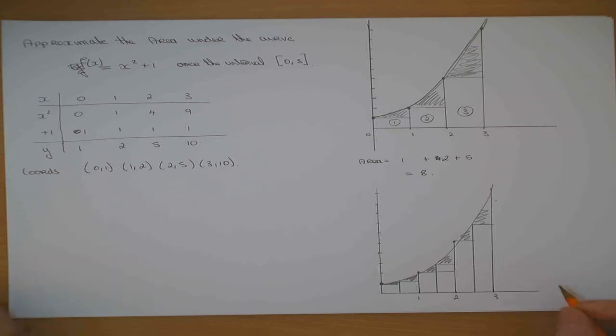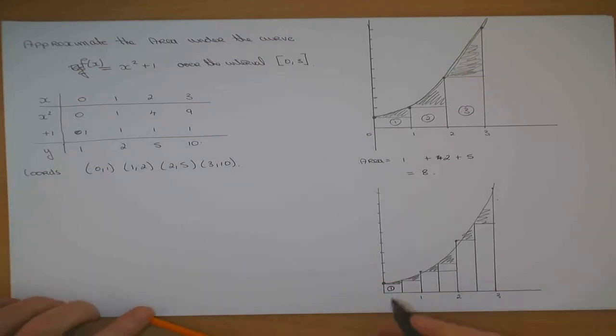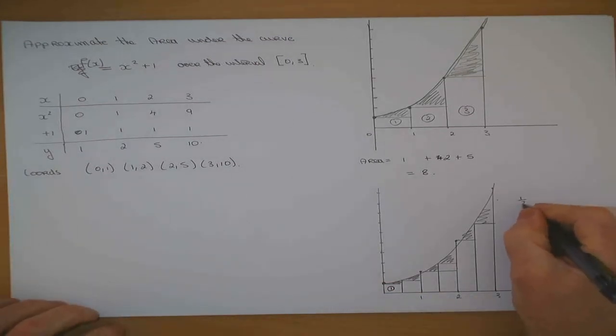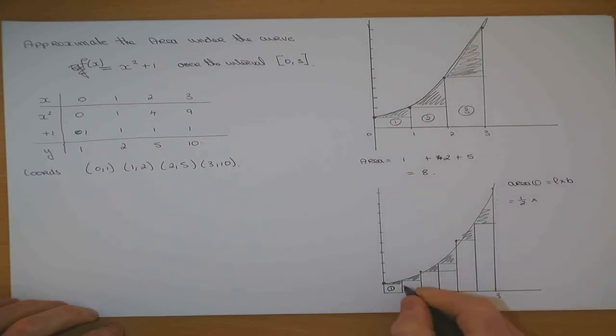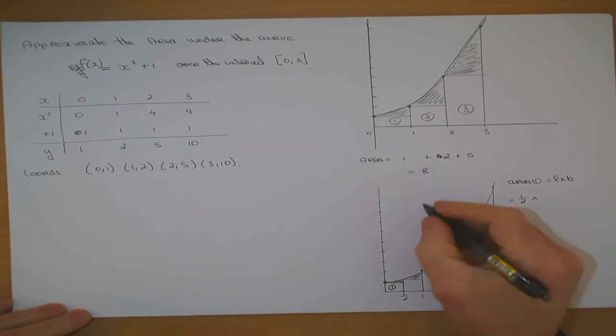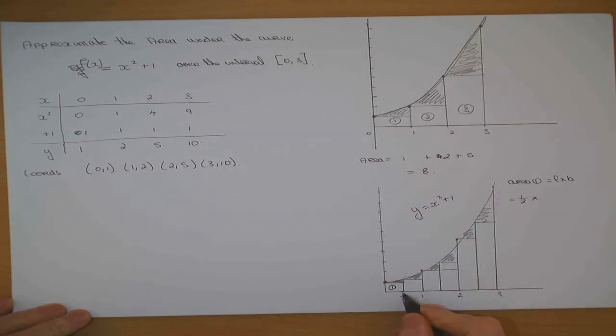And this is an approximation of the area under the graph, right? What would the area of this first one be? Well, the area of the first one would be length by breadth, which is a half times, what's the distance from there to there? Well, what's the x value? A half. This is the graph of y equal to x squared plus 1, so when x is a half, what is y?